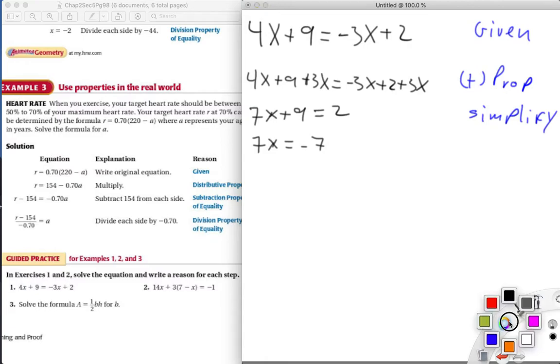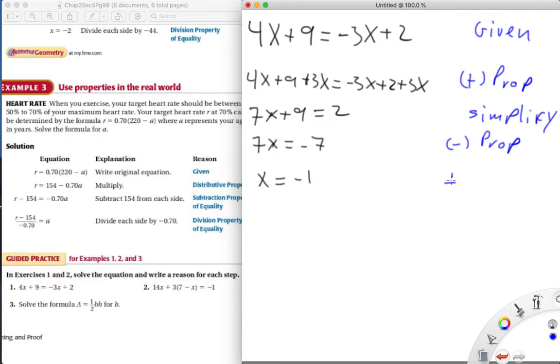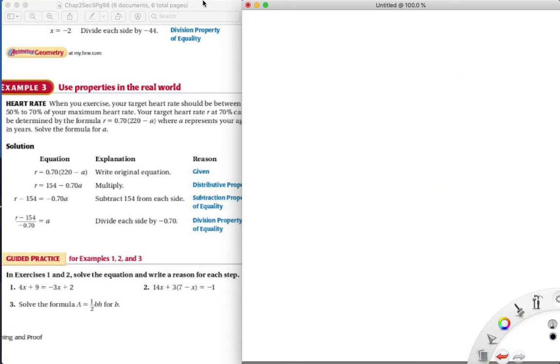And that's because we subtracted 9 from both sides, subtraction property of equality, and then we have x equals negative 1. And that's the division property of equality. Yay. So that's that one. Again, it's pretty straightforward. You guys should know how to do this. I'm not too terribly concerned that you don't.